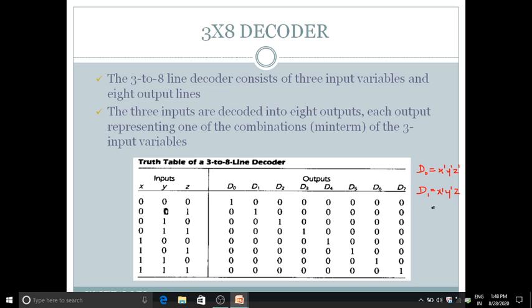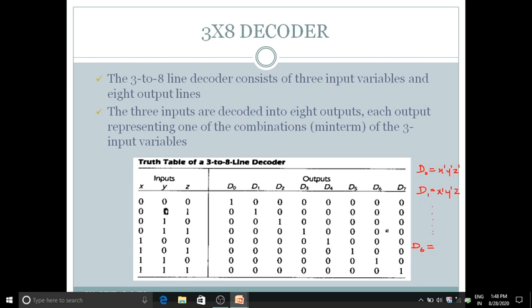In the same way, I can go on writing the functions for all, and for D6, I'm writing again. In between, you check and verify, and write yourself the algebraic Boolean expression for the remaining functions D2, D3, D4, D5.